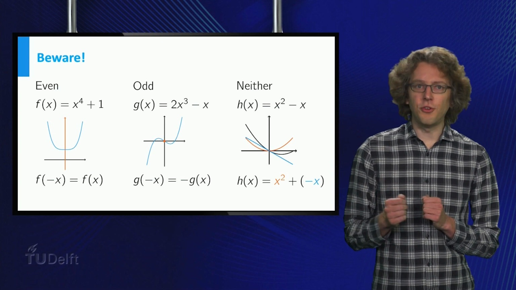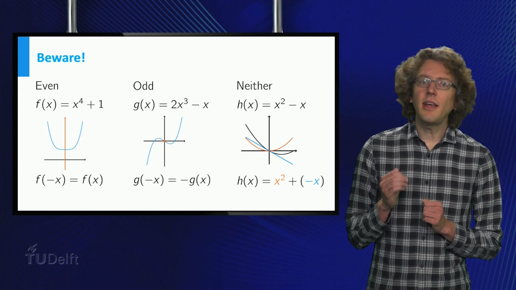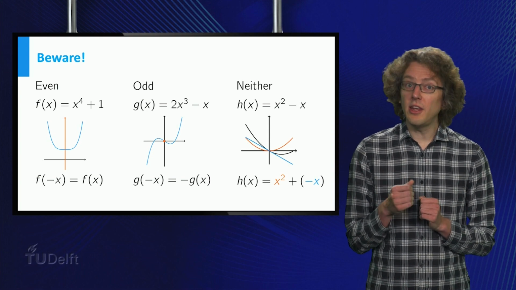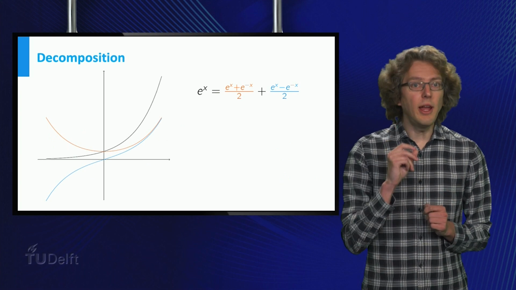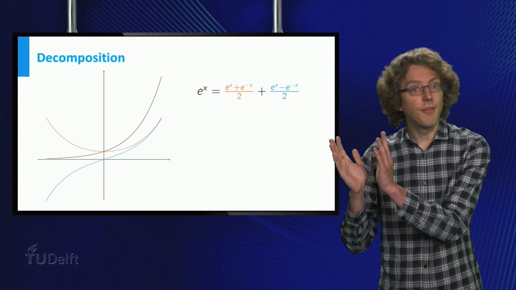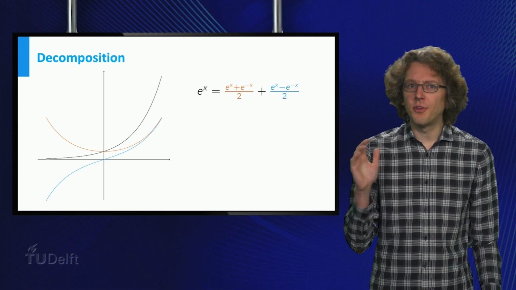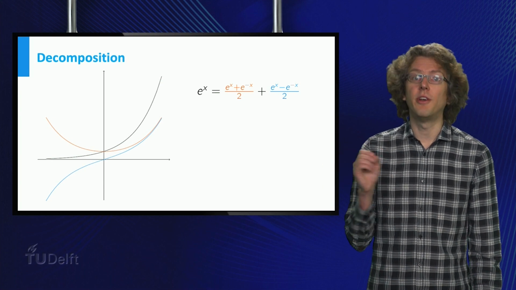It is very easy to check this property for polynomials, such as in this example. It is, however, not restricted to polynomials. Consider again the exponential function. It can be written in a unique way as the sum of an even function in orange and an odd function in blue. Don't worry too much about these specific functions for now. Later on, we will study these in much more detail.